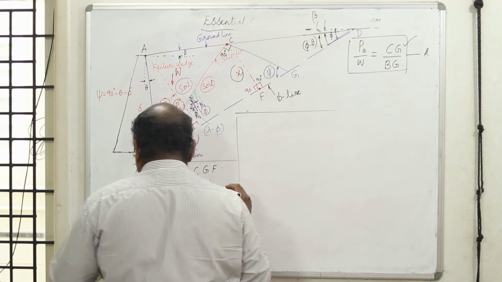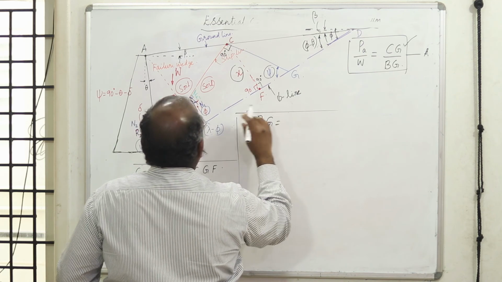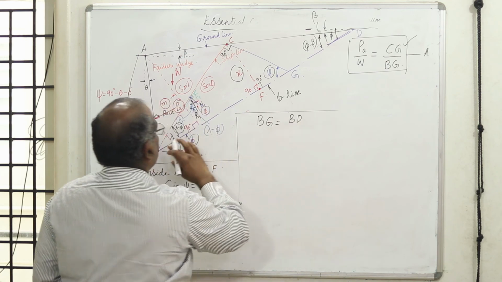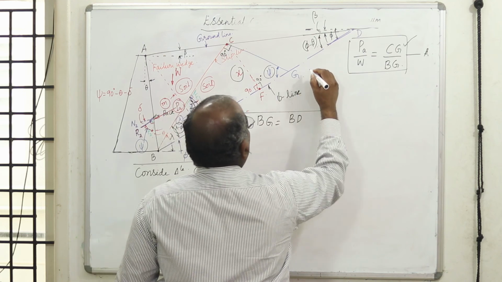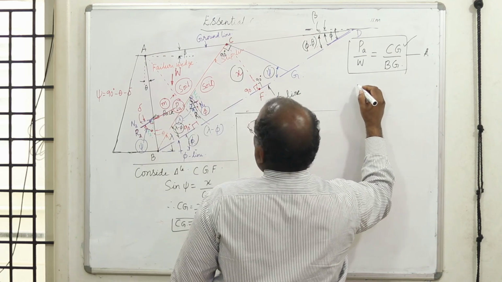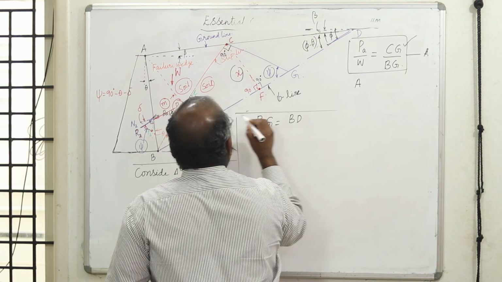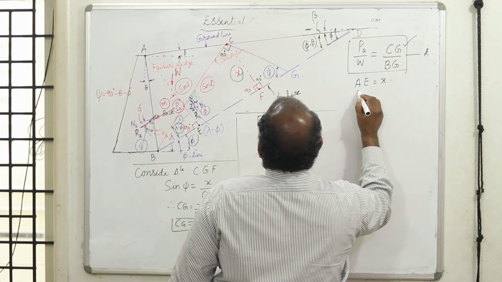Next, let us consider BG. This BG is equal to the total length BD minus DG. Let me call this point E. AE is equal to x, that is the perpendicular.